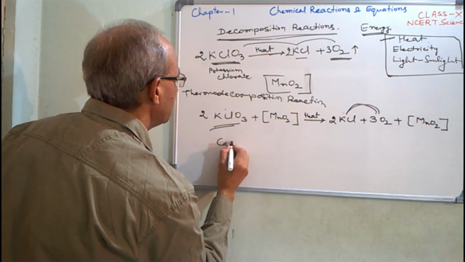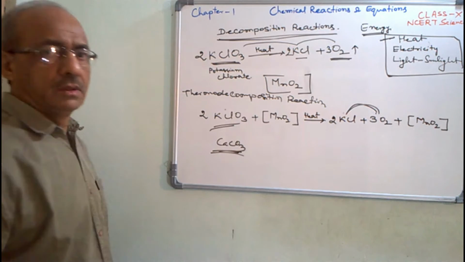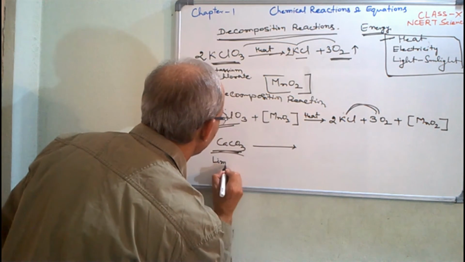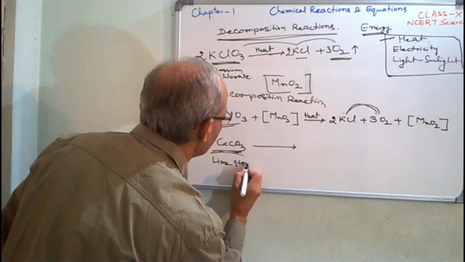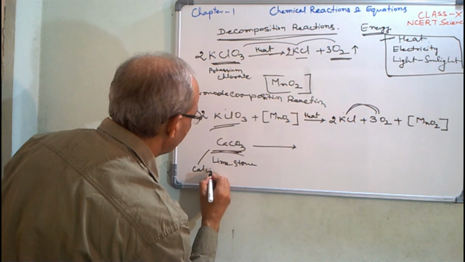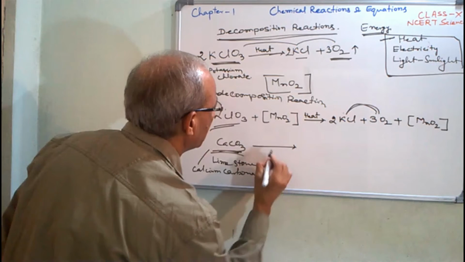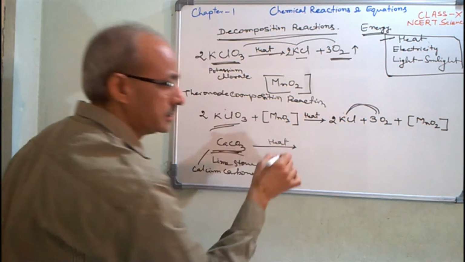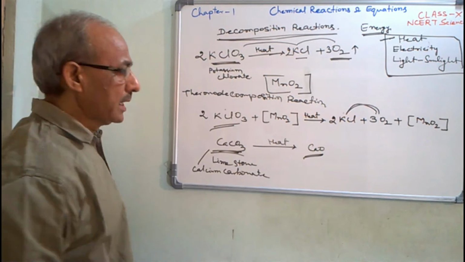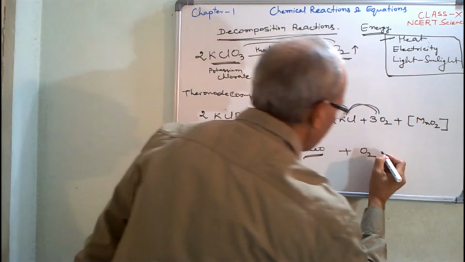When calcium carbonate is heated, calcium carbonate is called limestone. When limestone, or calcium carbonate, is heated, it splits into calcium oxide, this is the quicklime, and carbon dioxide gas is involved.